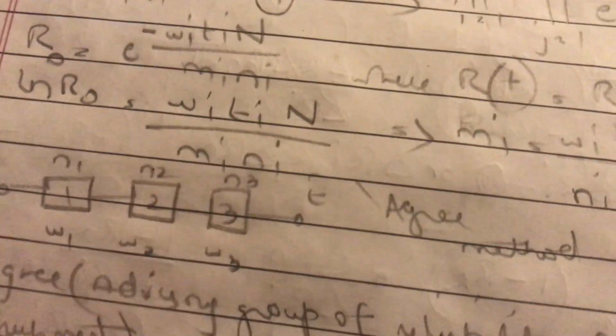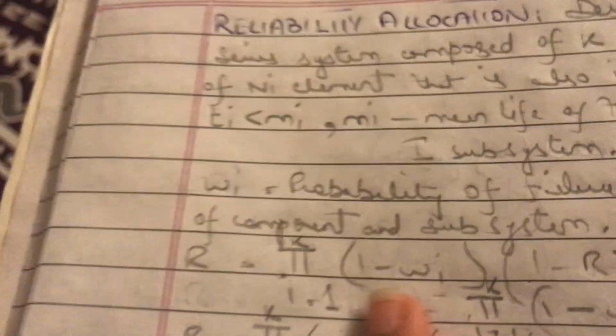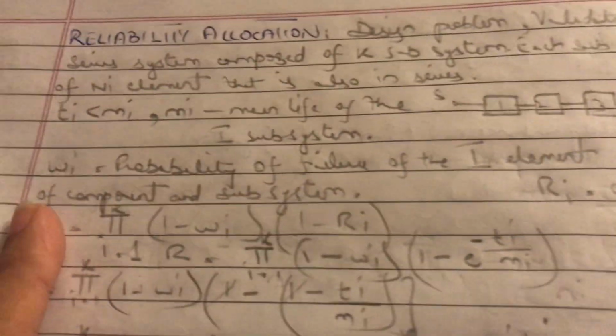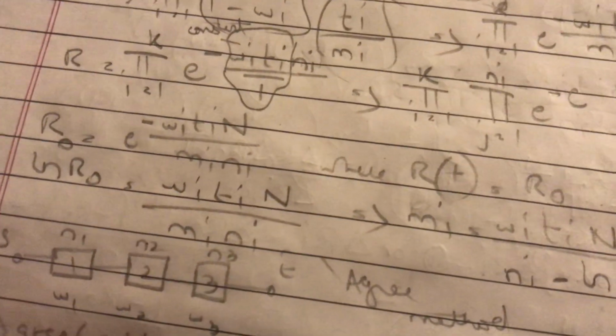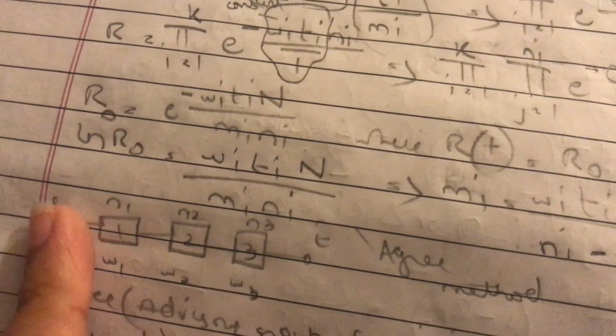It's all written above what they are, so I'm not going to repeat it. wi is the probability of failure of the i element due to the failure of the component and subsystem. And n1, n2, n3 are the i components. So this is the reliability block diagram, RBD. This is the starting point and the end point. It can be represented like this.